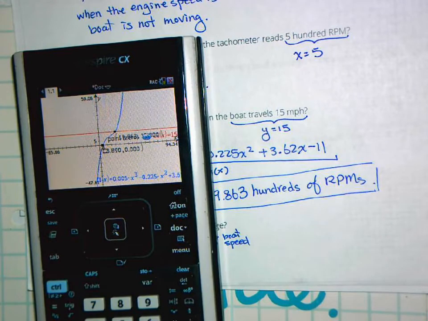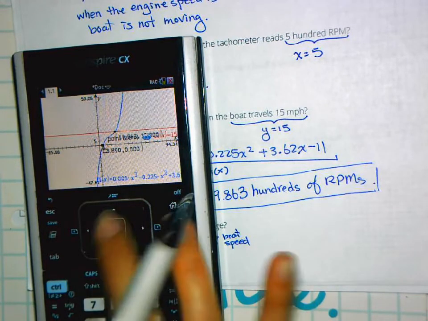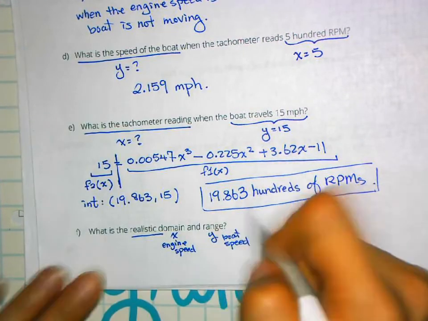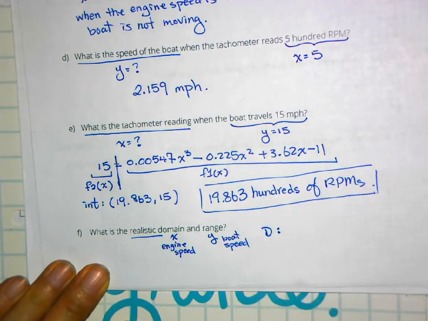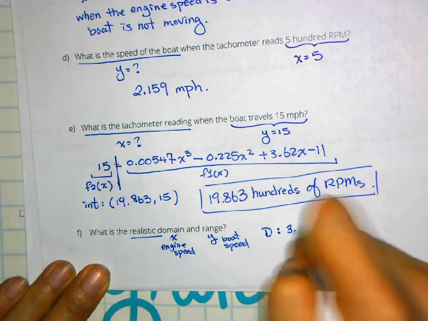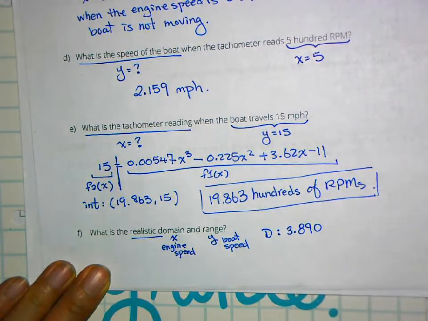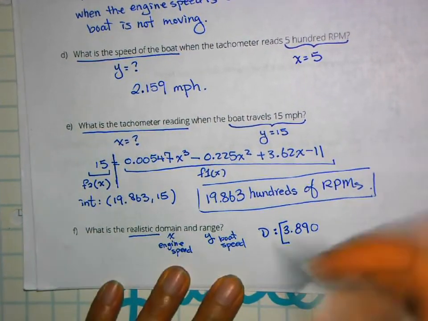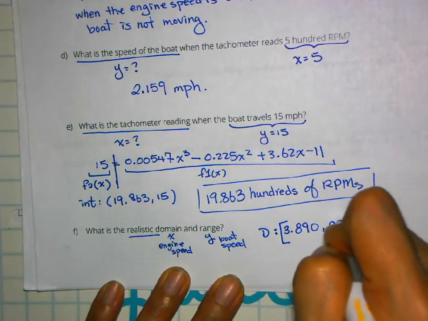And we already found that 0, which is at 3.89. So realistically, your domain starts at 3.890 hundreds of RPM, and it could keep going on forever.